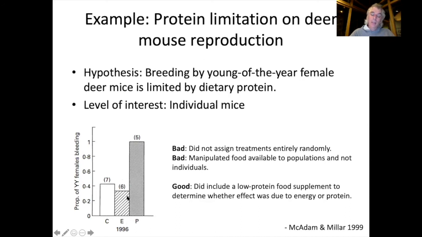And so this experimental manipulation of high energy but low protein food told me that the protein supplementation had its effect not because of the energy that was provided, but perhaps because of the protein itself, which was the main difference between these two food types that were supplemented.